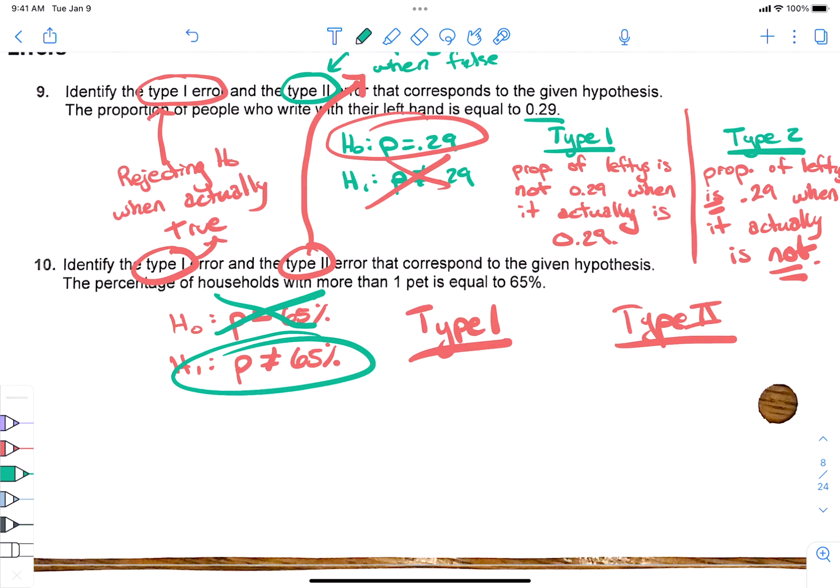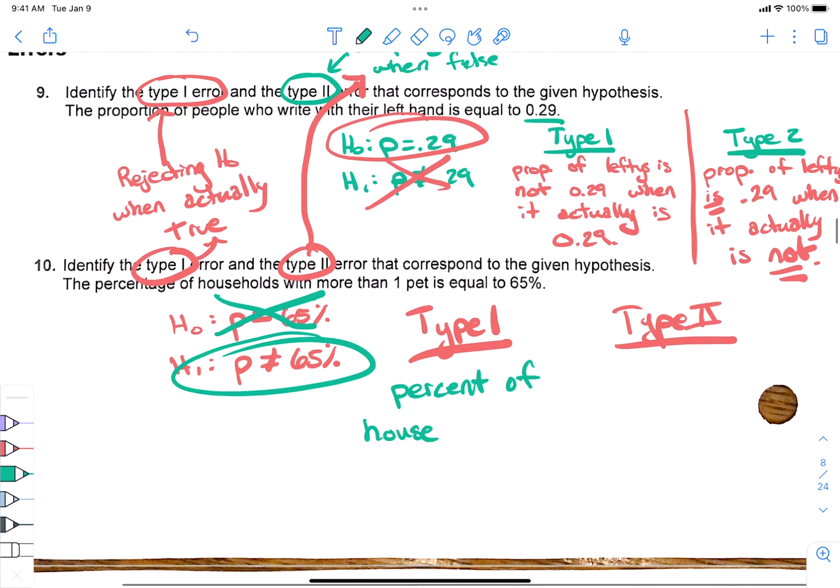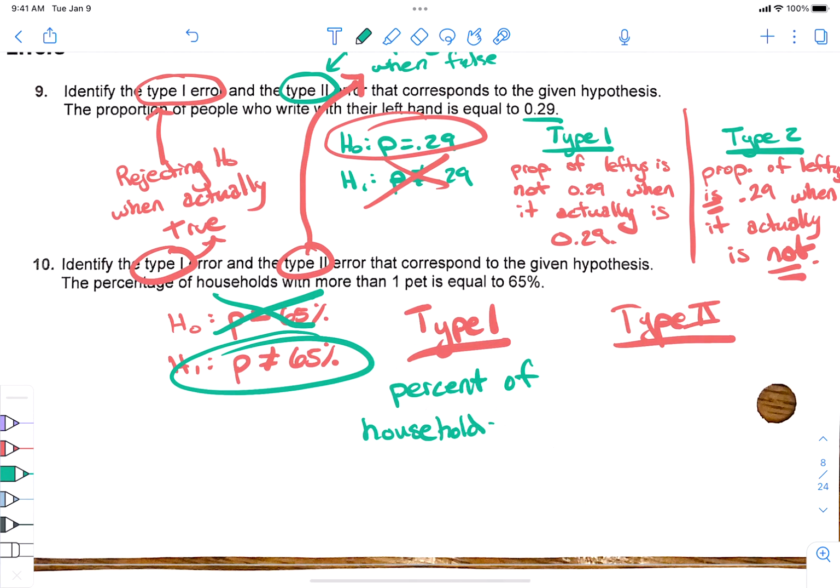Type 1, we are saying percent of households with more than one pet is not 65%, right?